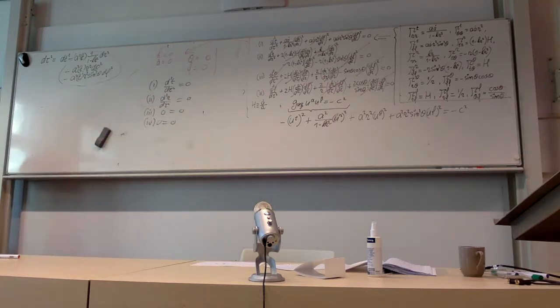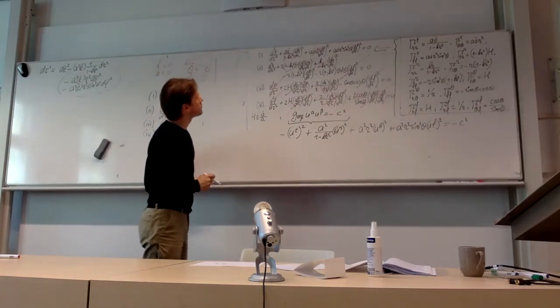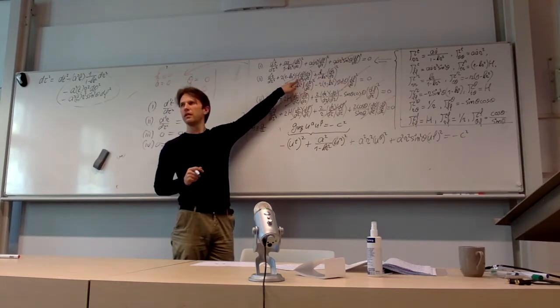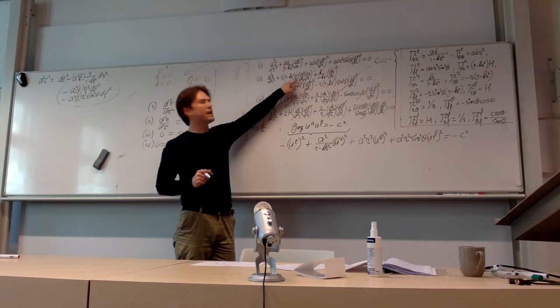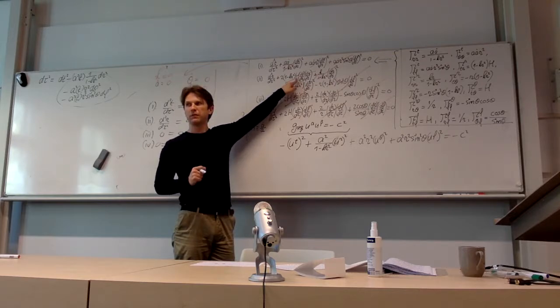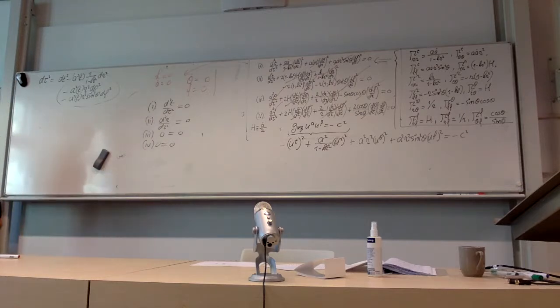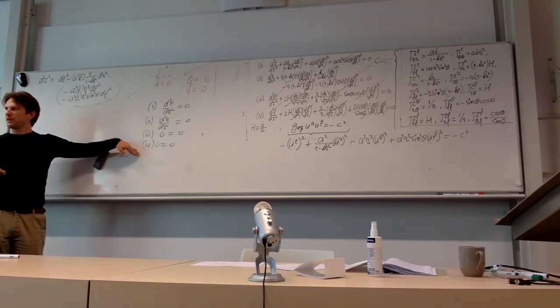Wait, why is the second one also 0? The last term is 0. The R is not 0, no. The term you just crossed out doesn't really count. Here H is 0, but then you still have this 1 minus 0. Well, let's go through them. H is 0 because of non-expansion. So the geodesics reduce to this particular case.